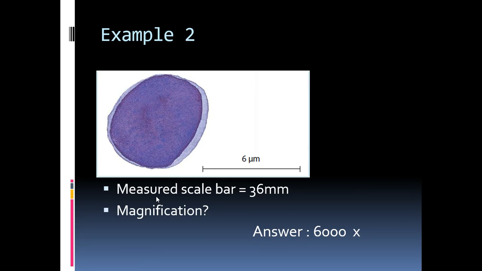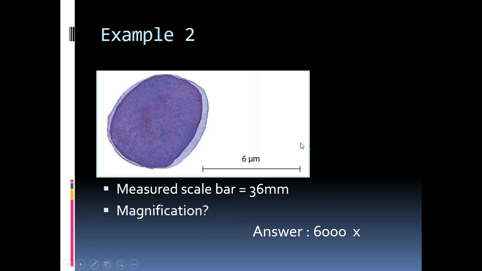Okay, so the next example, you are given a scale bar, and the actual size of the scale bar is given there as 6 micrometers, right? And when you measure it using a ruler, it turns out that the size of the scale bar is 36 millimeters, okay? And you are asked to find out what is the magnification.